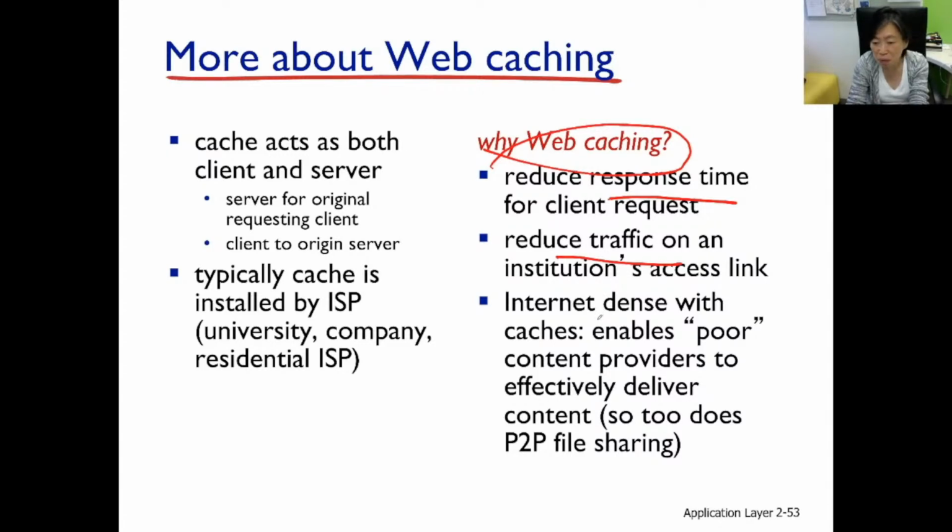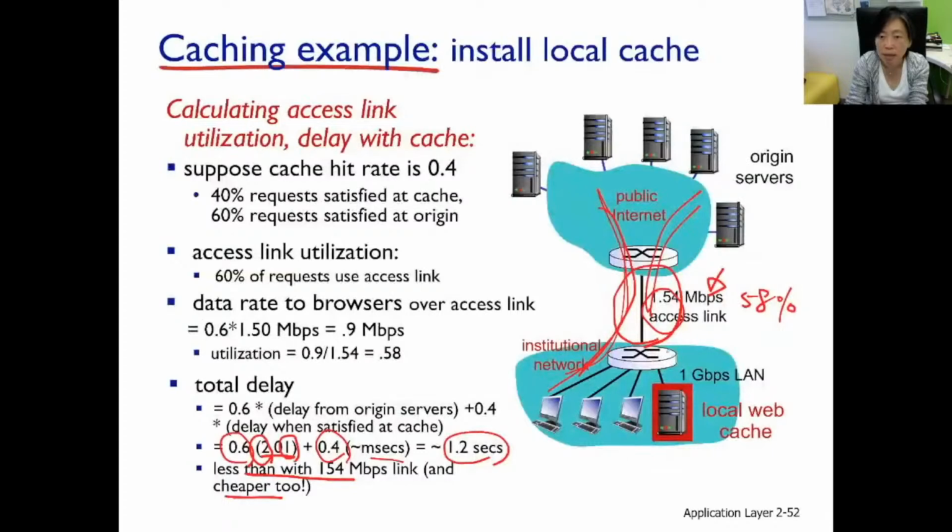Now, an extra benefit we didn't talk about is that we did not assume the uplink bandwidth of the servers being the bottleneck. If the server is poor, meaning there are poor content providers out there, let's say that the server here is poor. It cannot afford a high-bandwidth uplink.